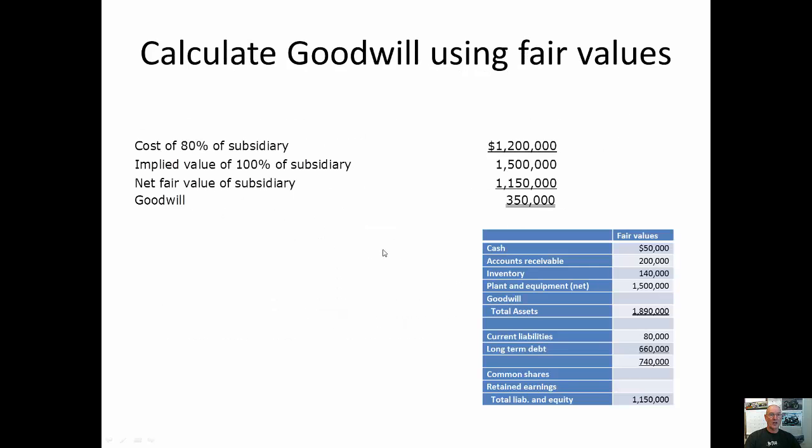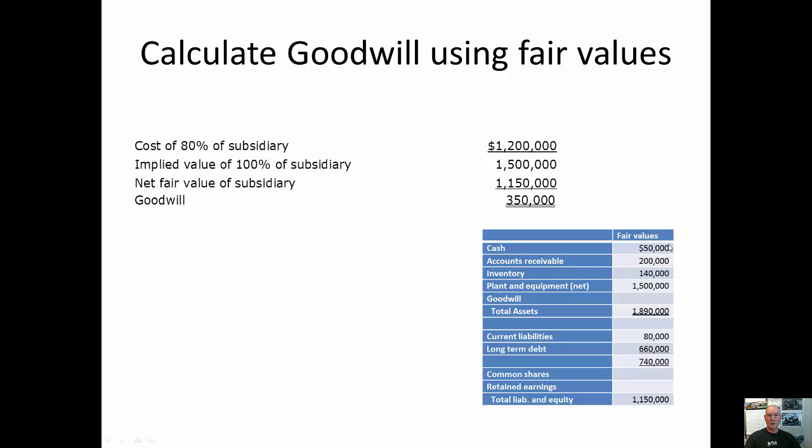So the first thing I like to do is calculate goodwill using fair values. The reason is that this is a very simple, quick, and accurate way to calculate goodwill. You're almost guaranteed to get it right, and then you have a check figure for the second calculation.